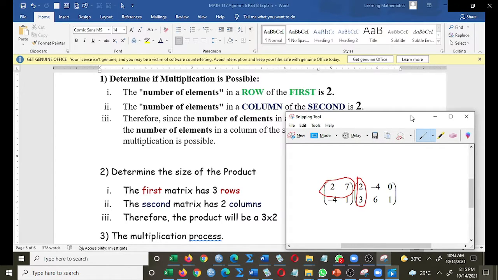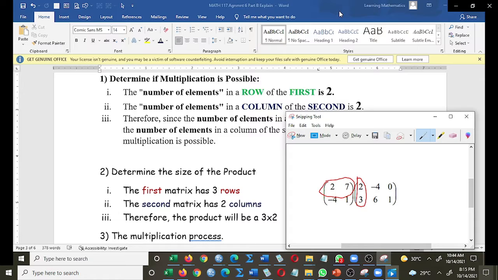What will be the size of the product? The size of the product would be a 2 by 2, because the first has two rows.